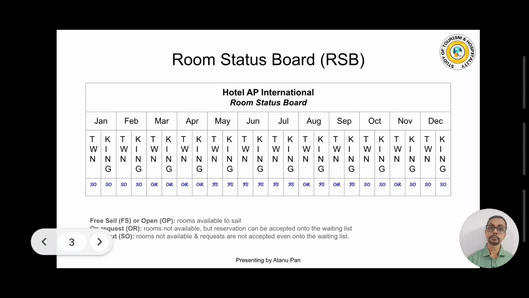So this is the board which was on a whiteboard or chalkboard, displayed in front of the reservation agent. It helps the reservation agent to check the availability of the rooms for future sales or future reservations. So that's all about RSB, room status board.